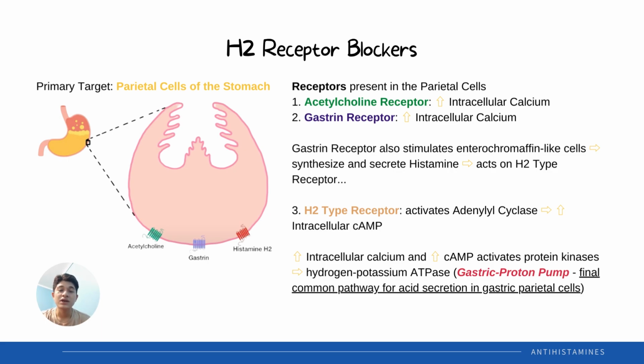Now, this increase in intracellular cAMP and calcium results in activation of protein kinases, which in turn stimulate hydrogen potassium ATPase, the so-called gastric proton pump, or the final common pathway for acid secretion in gastric parietal cells.